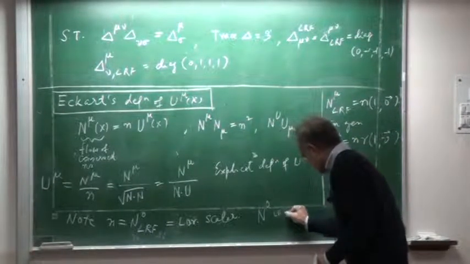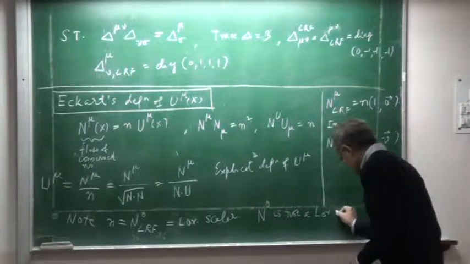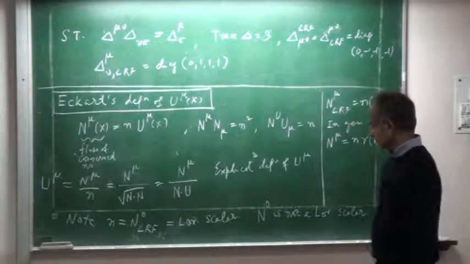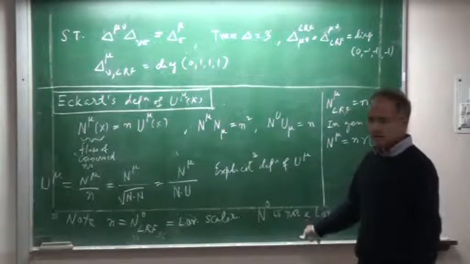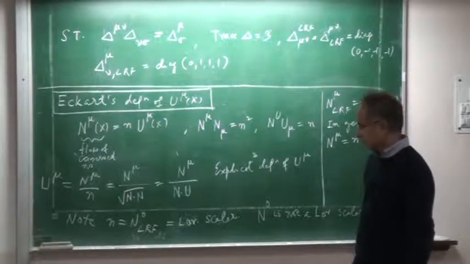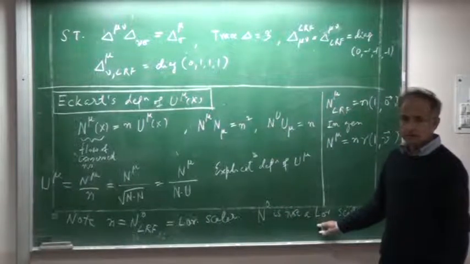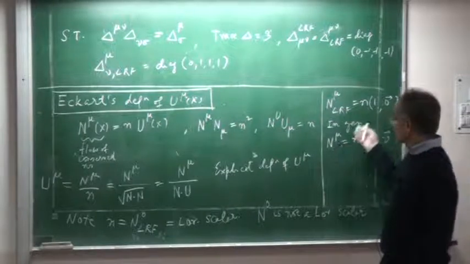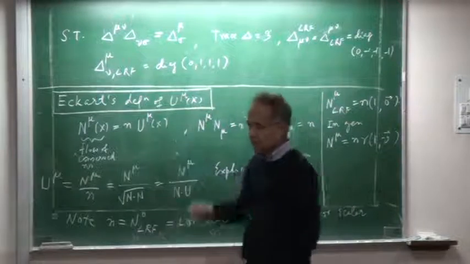N0 is not a Lorentz scalar. Okay, clear? Why is N0 not a Lorentz scalar? It varies from frame to frame, of course, while this is a Lorentz scalar.